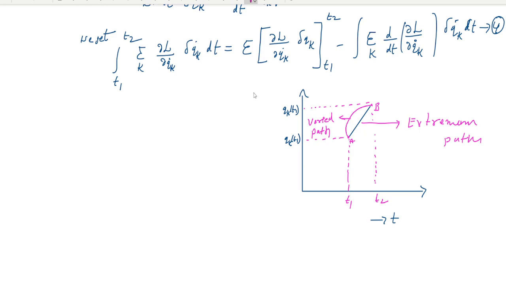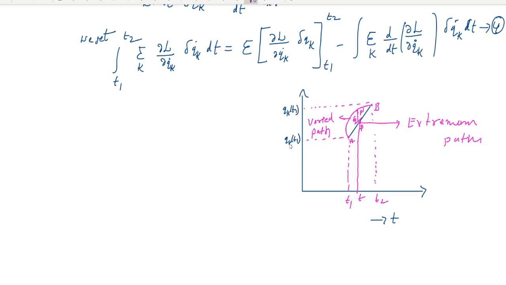And at time t, the position of the system is like this. This is the t1 position. So this variation is delta q. This is the position at the end point of the path, at time t2 and t1. Then the coordinates must have definite values.